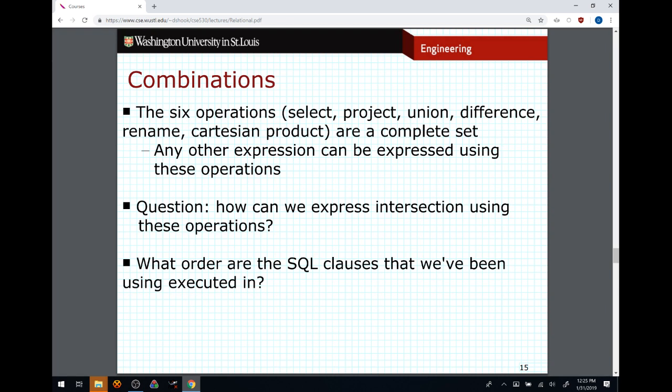Which clause am I going to execute first? Is it select? No. Would I be asking you that question if it was? Maybe. Maybe. It's not select. That's not the clause that I'm going to identify first. Why?